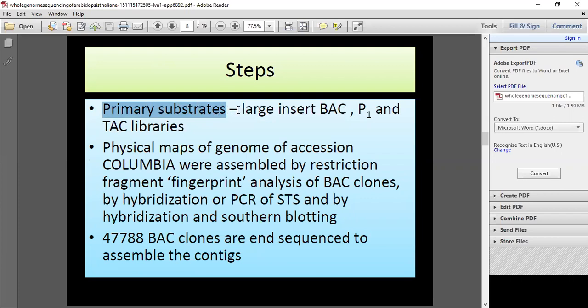Firstly, primary substrates. They prepared the large insert BAC, TAC libraries, and the physical map of the genome of the accession.